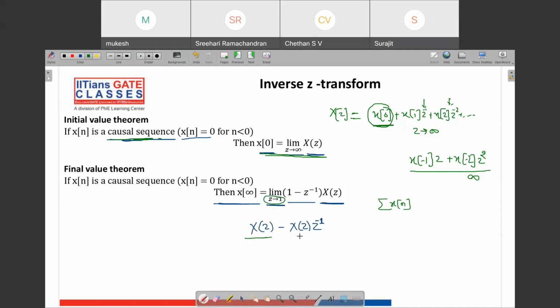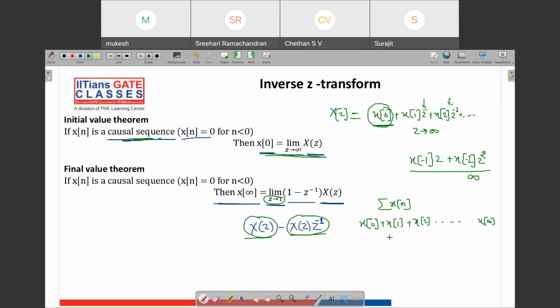In this case also you will be calculating the summation of x of n, which is delayed by n equal to 1. In the first case you will be adding x of 0 with x of 1 with x of 2 and so on till x of infinity.